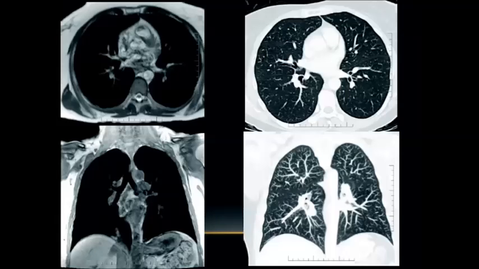Look at this picture and ensure that CT is better for lungs than MRI.